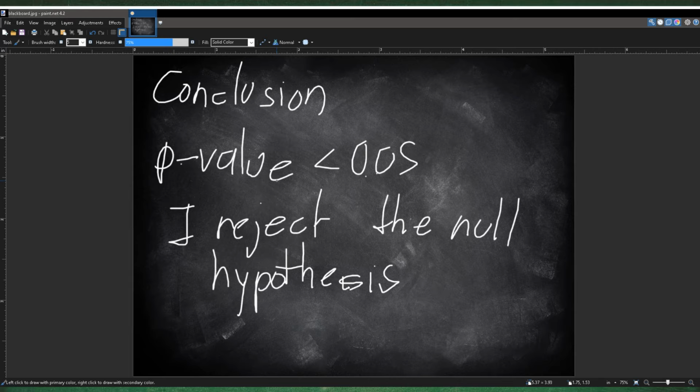After you write this, you have to talk about the alternative. Every single time you write a conclusion, the first sentence is that you either reject or don't reject the null hypothesis. Then you follow it up with the alternative hypothesis. If you reject it, you say the alternative is right, but you can't say you are certain.